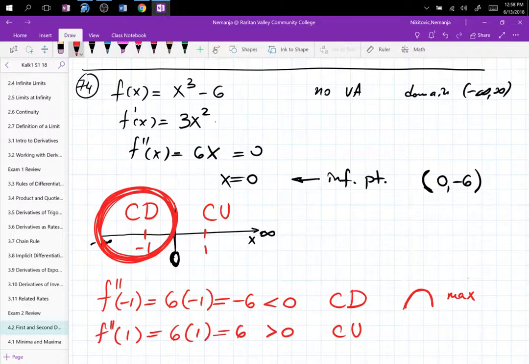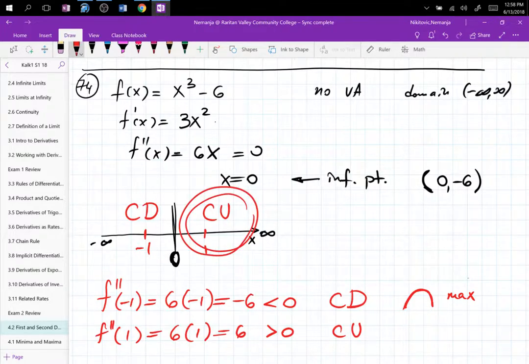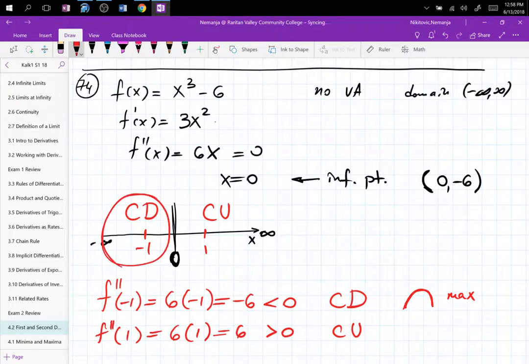I don't know where that is, but I know there is a maximum point somewhere to the left of 0, and I know there is a minimum point somewhere to the right. When you do the problem in order, you will also find your critical numbers. If there is a critical number in the concave down region, it must be a max, and in the concave up region it has to be a min. So we do get min and max for free again.